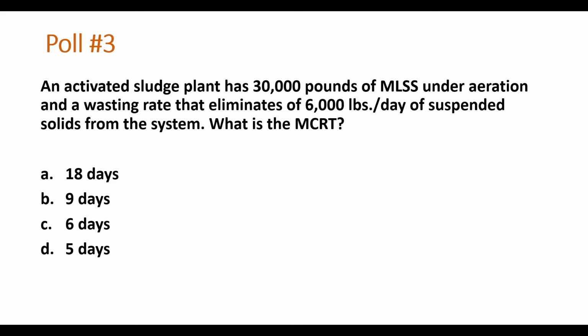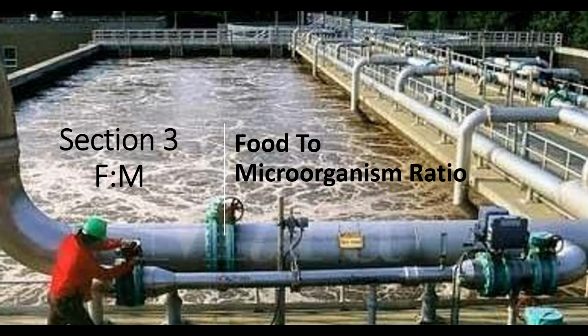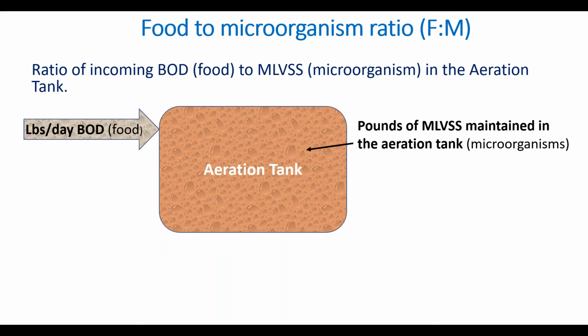Let's move on to the food to microorganism ratio, our second equation that we're going to look at. That's measuring the food that's coming in as BOD into the influent of our system, that's the primary effluent that's entering the aeration tank.